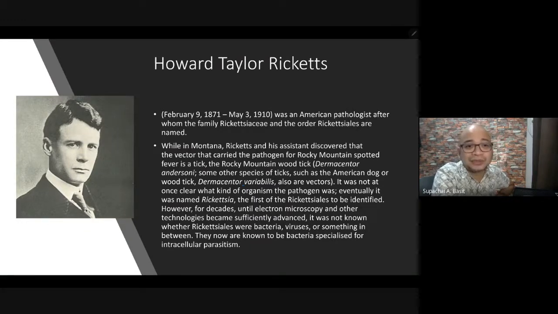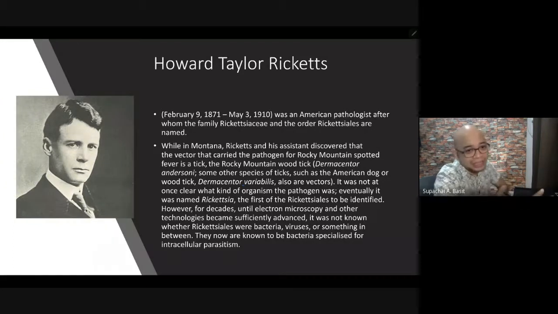His name was Howard Taylor Ricketts. He was born on February 9, 1871, and he died on May 3, 1910. There is an interesting story why he died. He was an American pathologist after whom the family Rickettsia and other Rickettsiales are named.